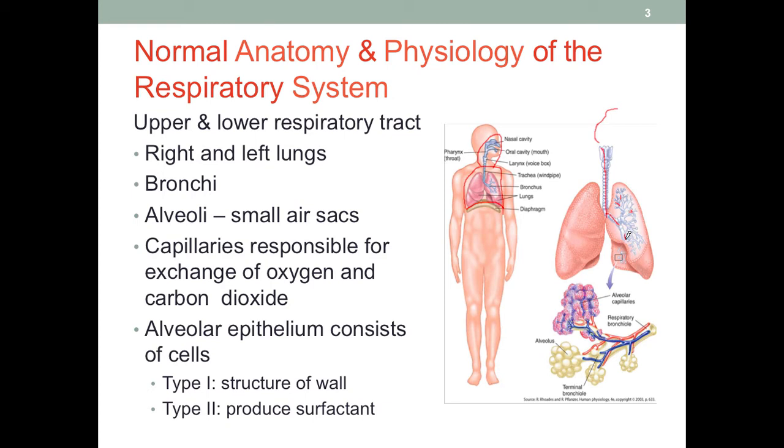Again, thinking about this as an upside down tree, the leaves are going to be these very tips that have branched off here, and that's what we call the alveoli. These are the small air sacs at the end of each tiny airway.